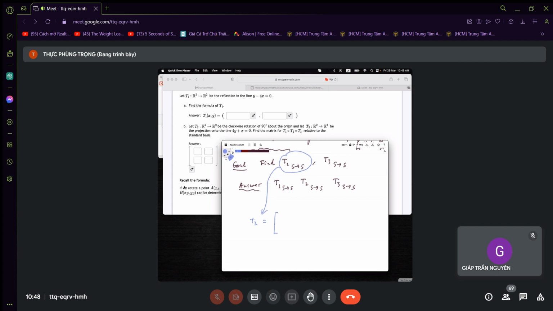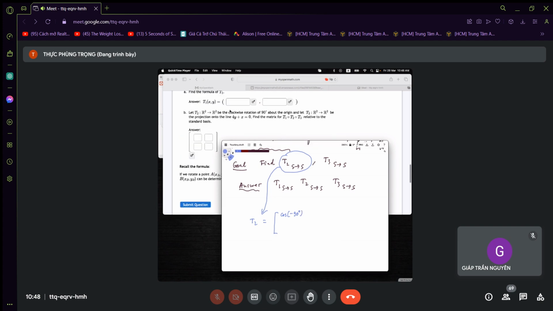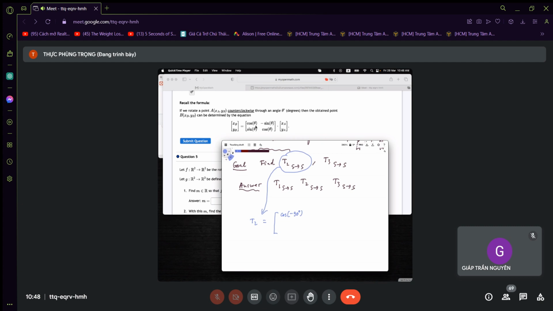T2 is the clockwise rotation, 90 degrees. If you use the counterclockwise, you use this formula. If you use clockwise, you put minus into the angle, right? So the answer for this is cosine of minus 90 degrees. Right here we have minus because we use the clockwise. Clockwise we have minus. Counterclockwise we don't have minus.